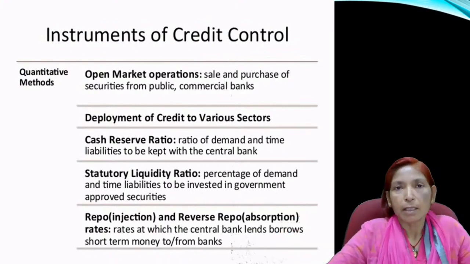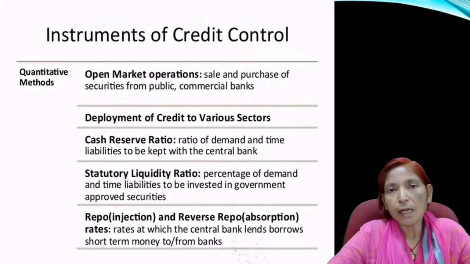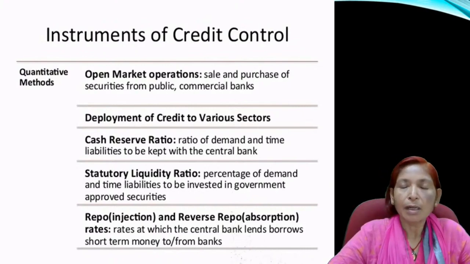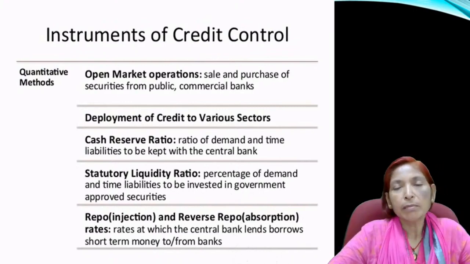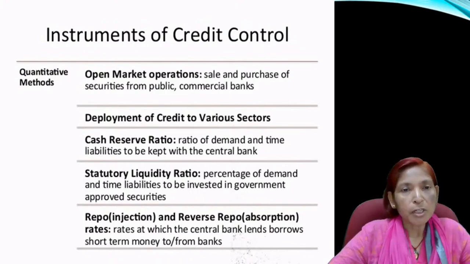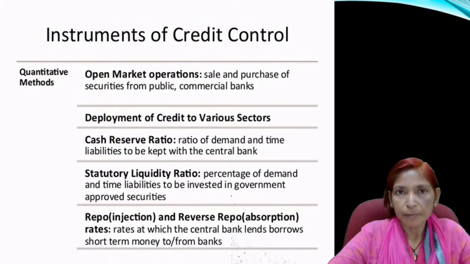Now, what is bank rate? Bank rate is the rate at which the Reserve Bank of India provides loans and advance facilities to the commercial banks. If the bank rate increases, then loans become more expensive. In this case, commercial banks will take fewer loans from the RBI.